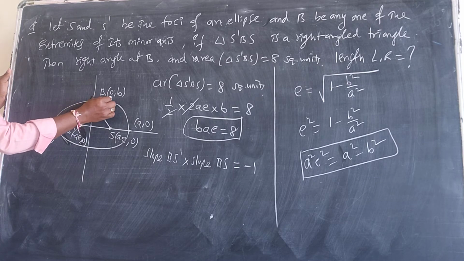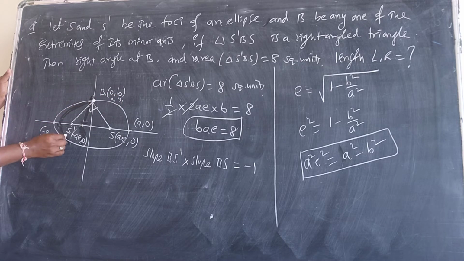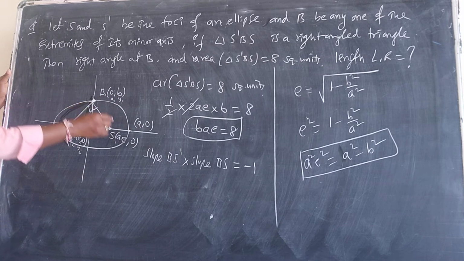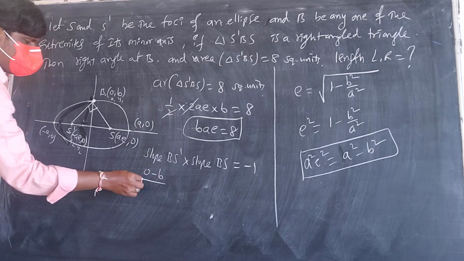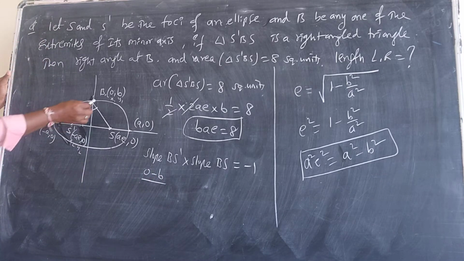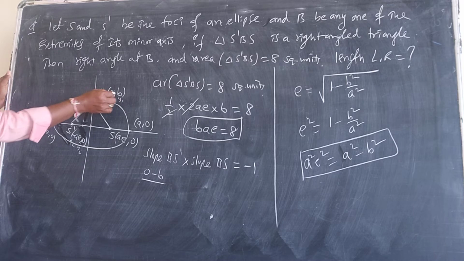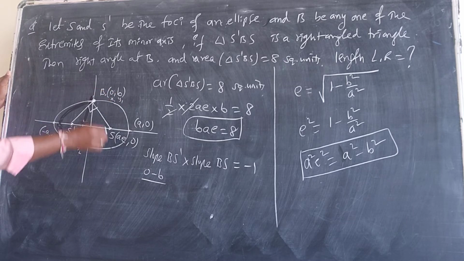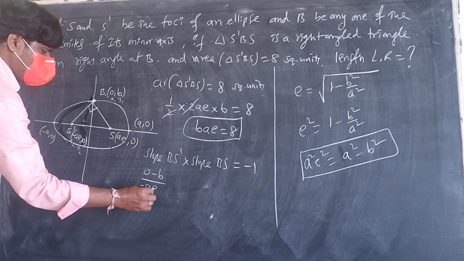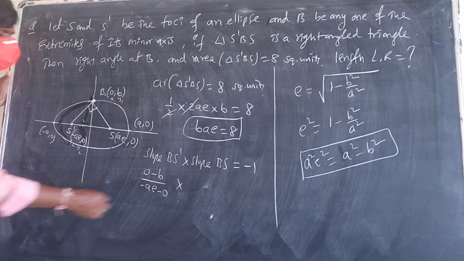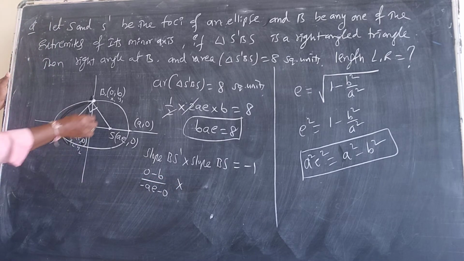You know this is x1, this is y1, this is x2, this is y2. Then what is the slope? y2 minus y1, that is 0 minus b, upon x2 minus x1, that is minus ae minus 0. This is the slope of this one. And what is the slope of this one?